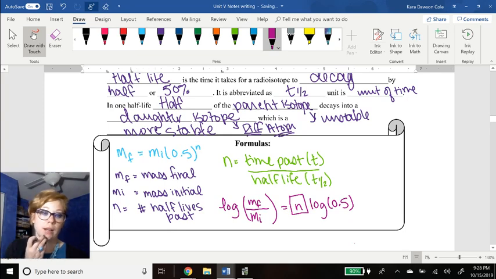Solving for n will give me the number of half-lives that have passed if I'm given nothing but the mass final and the mass initial.